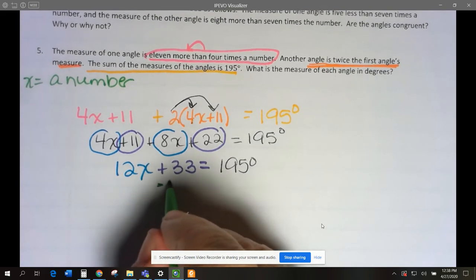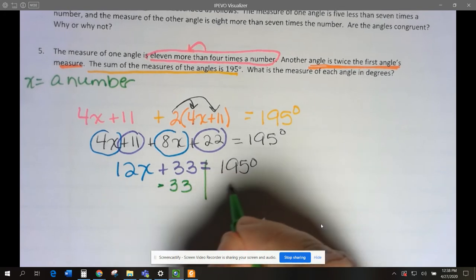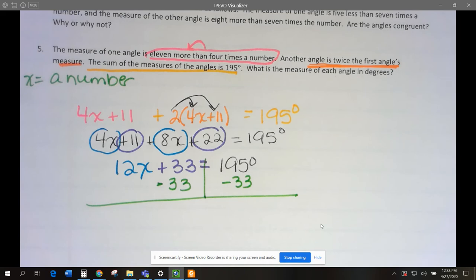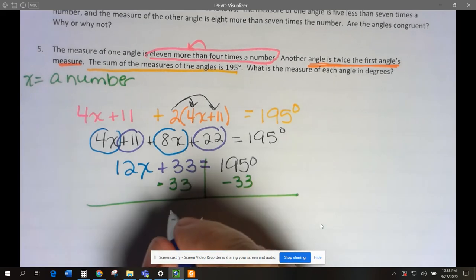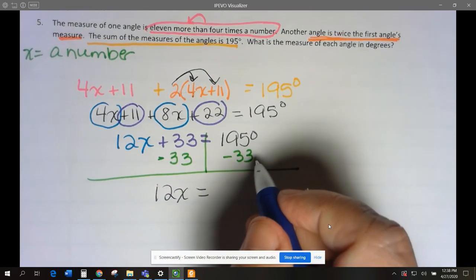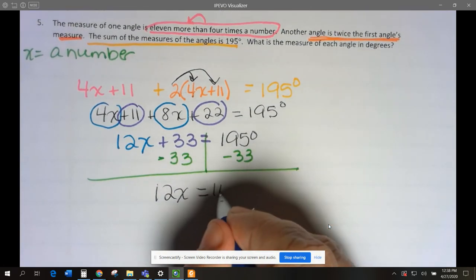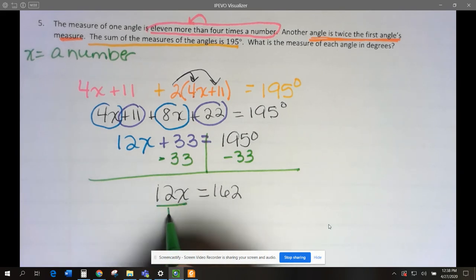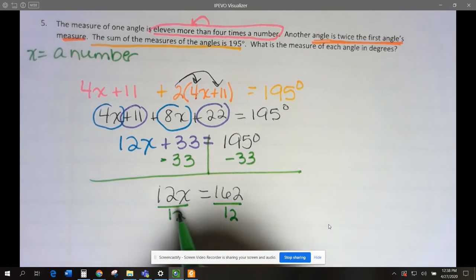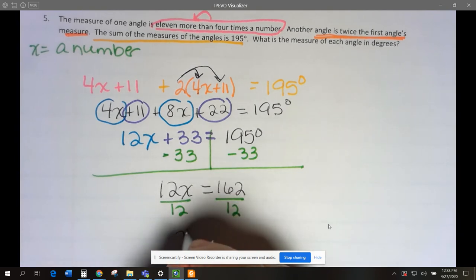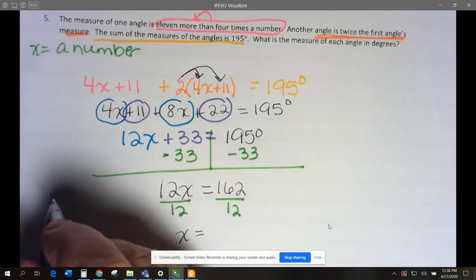We have a positive 33, so we're going to do a negative 33 on both sides. So we get 12x plus 0, which is just going to be 12x. 195 minus 33 is going to be 162. Now we're going to divide by 12. 12 divided by 12 is 1x. We're going to make that 1 invisible, make this x. And 162 divided by 12.